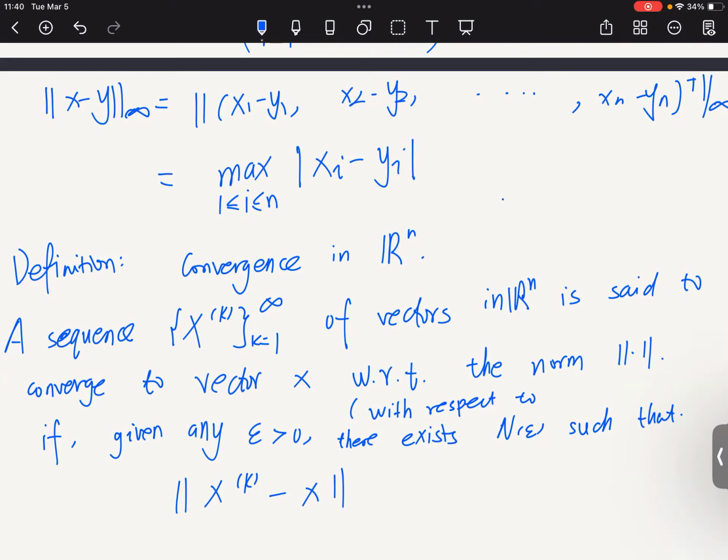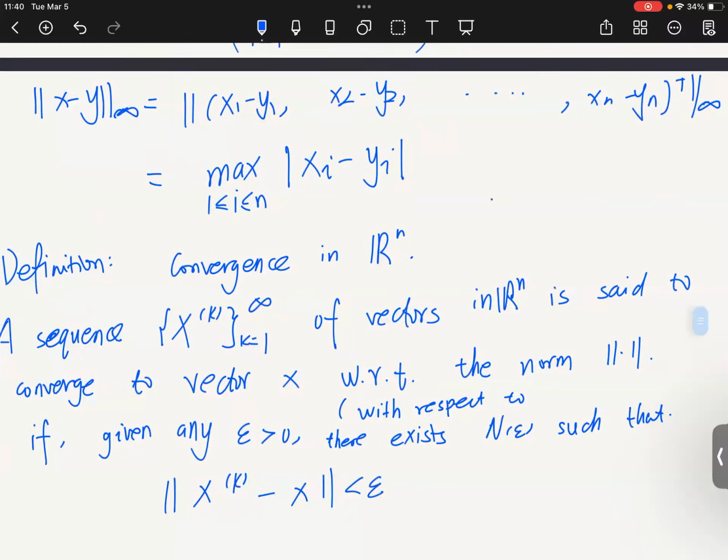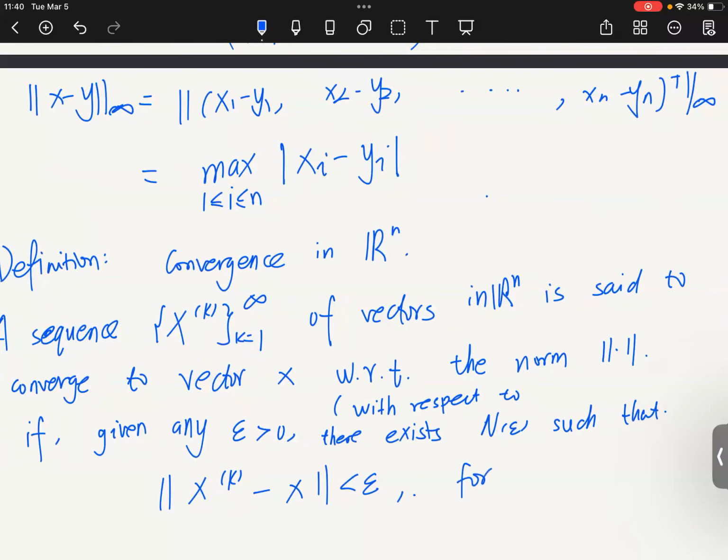The norm of this means the distance between these two vectors, right? So the distance between these two vectors is smaller than any epsilon we choose, for all k bigger than this integer N(epsilon).